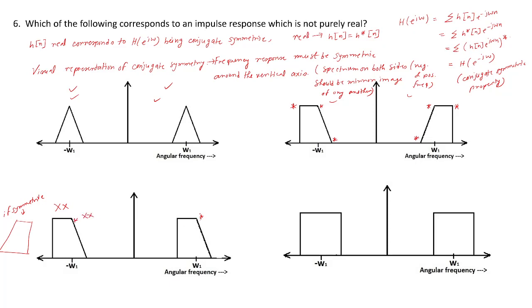This point should have been mapped here. If h[n] is to be real, and correspondingly its frequency response to be symmetric, it should be mapped here, but it's not. So therefore these are not symmetric. I guess we have found our answer, but still we'll move to the fourth option.